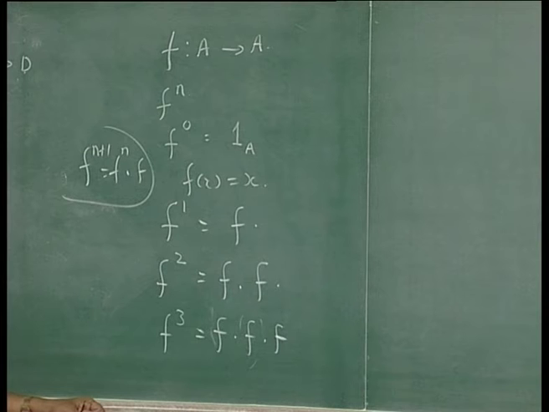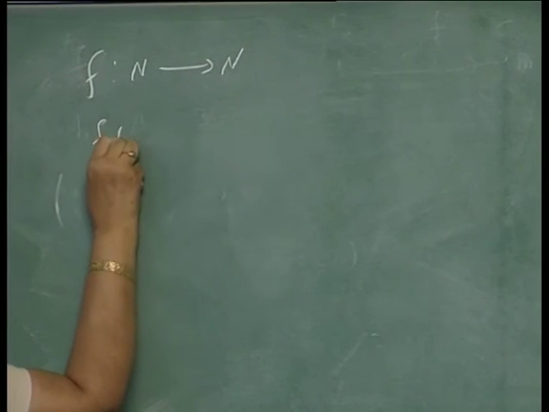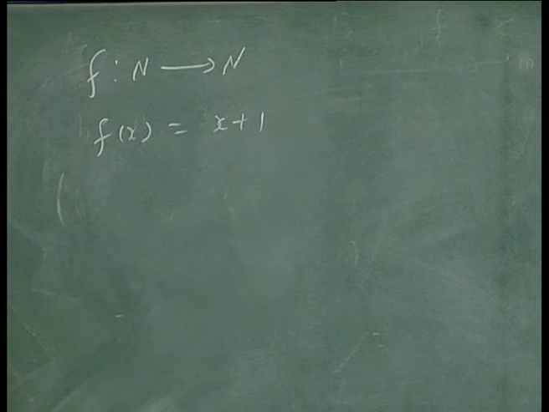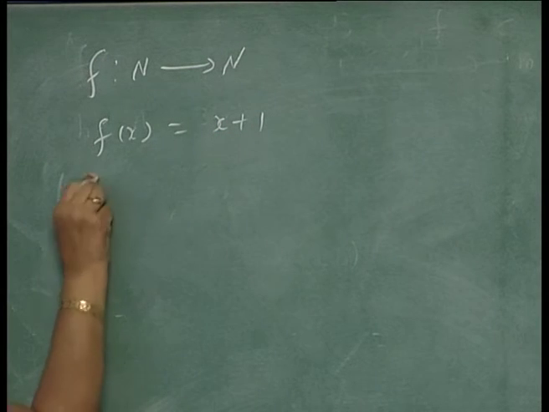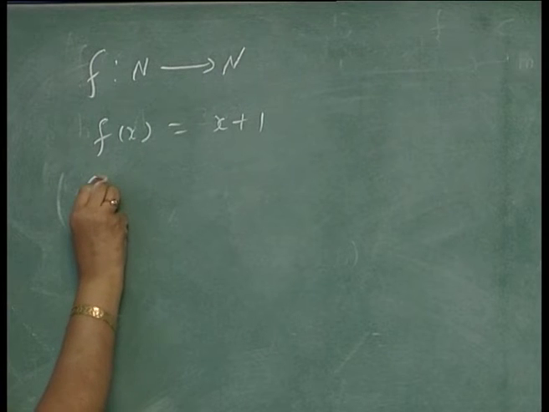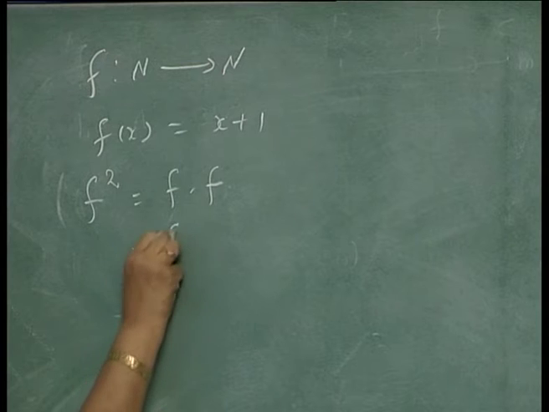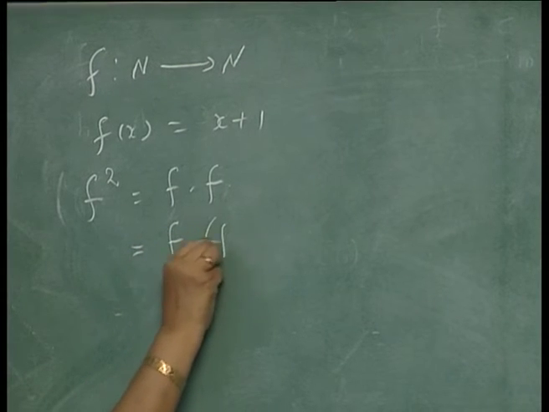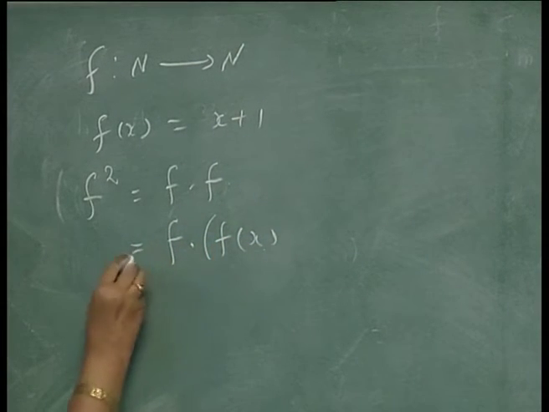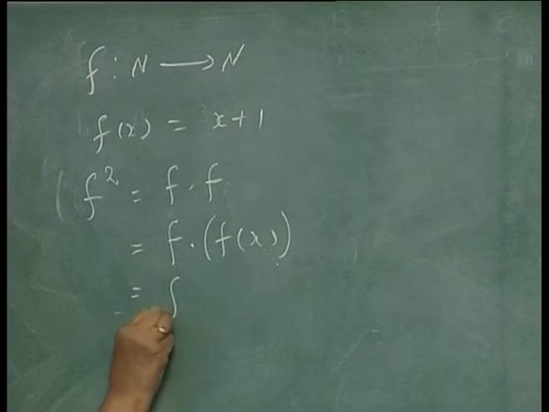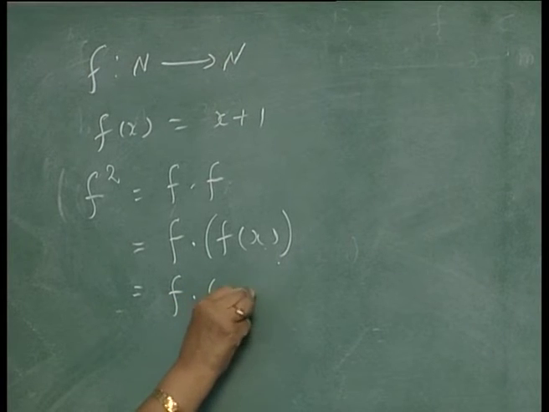Consider for example f from non-negative integers to non-negative integers, f(x) is equal to x plus 1. Then what can you say about f squared, that is f∘f? That will be f(f(x)), if you take x as the argument. f(x) is x plus 1.